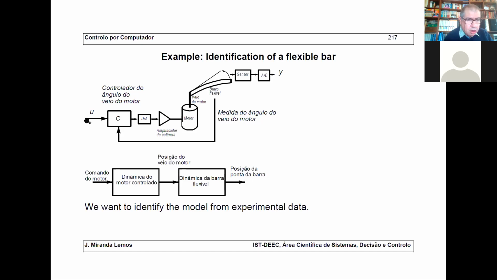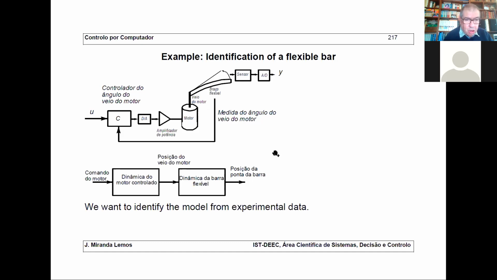If you apply a constant tension here, the motor is not going to turn indefinitely, because, since we have feedback, I'm comparing the angle with this signal U. So my command to the motor is the position of the motor.